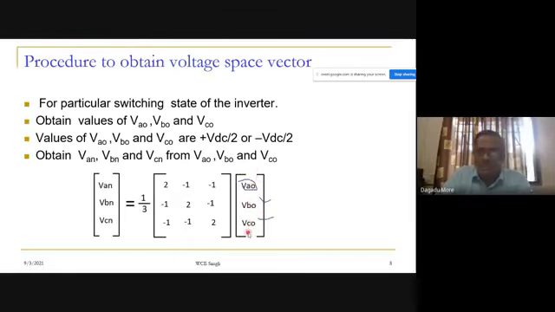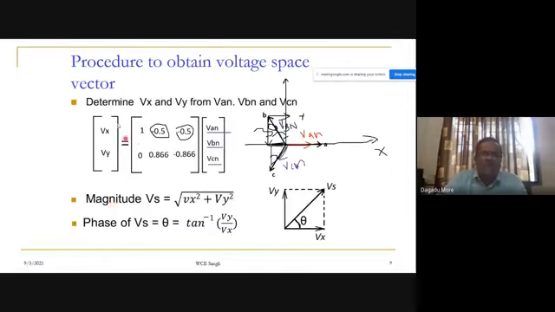And once we have those, we get specific values of VAN, VBN, VCN for one switching state. Once we get VAN, VBN, VCN, we have a specific Vx and Vy. So for each switching state, we have a specific space vector magnitude and theta. And a two-level inverter has how many switching states? 8 switching states. So how many voltage space vectors for a two-level inverter?